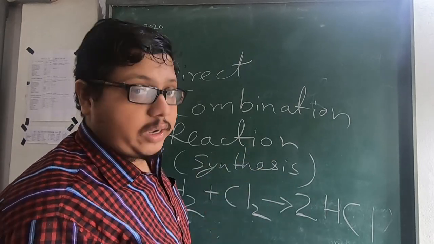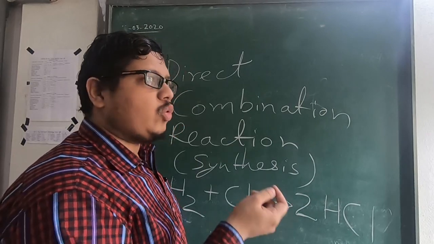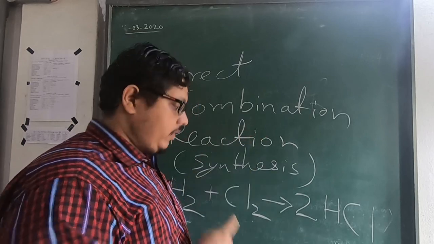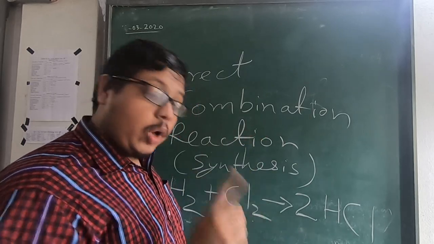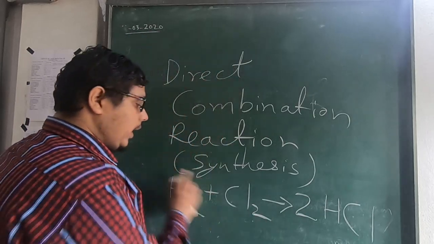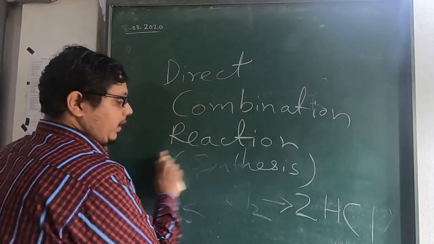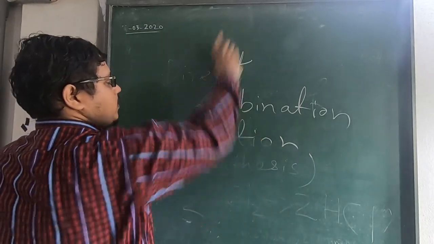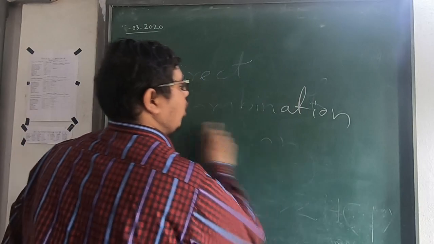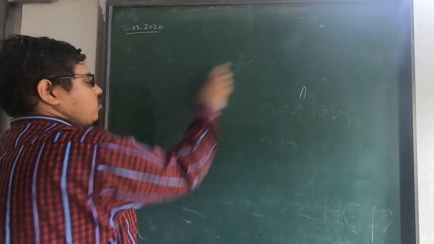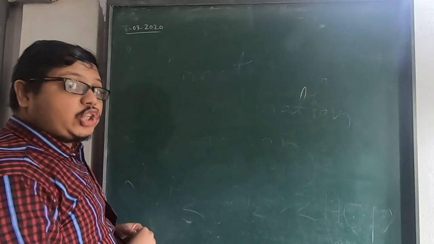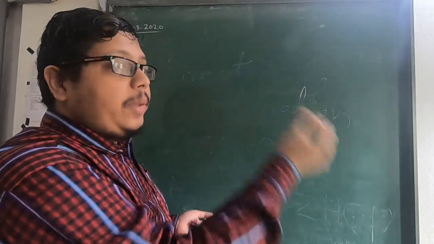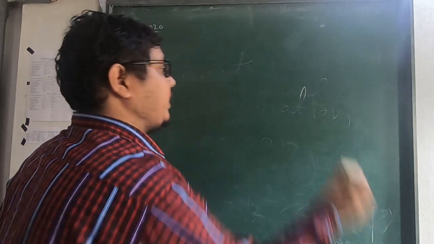Now, energy in the form of what? Do we need to heat it, or do we need to give some sort of other energy? If you remember, this reaction is not new to you. You have done this same reaction earlier in class 9 also, but let me tell it, as you might have forgotten. It is a direct combination reaction, which is also what you have studied in class 9.